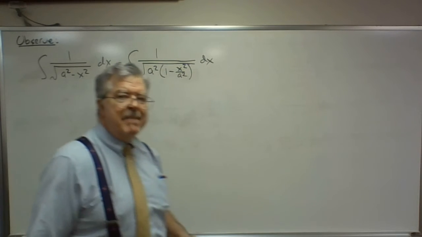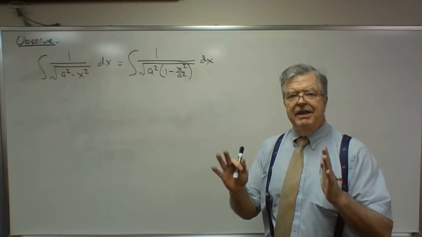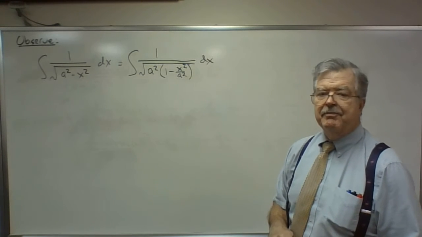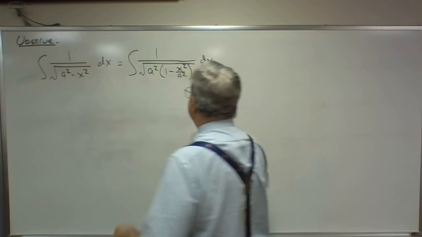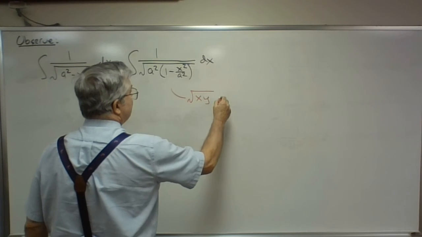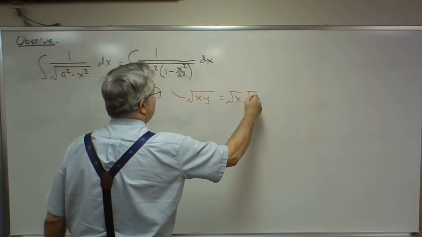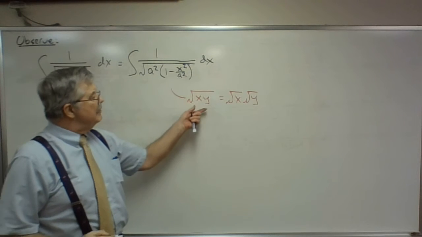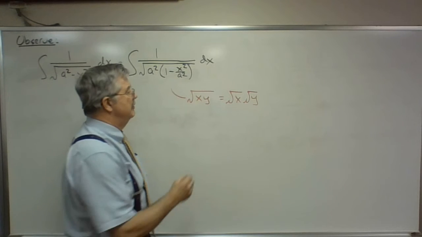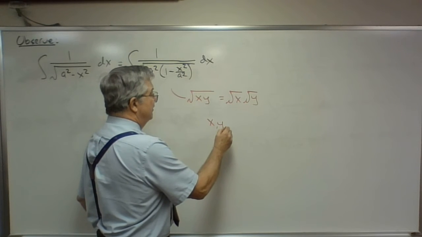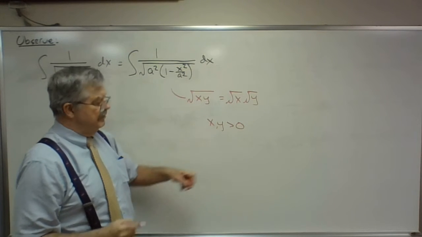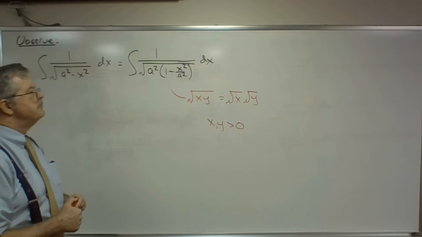Okay. Marvelous. I haven't changed anything. This is the exact equivalent of what we started with. And now I'm going to use the property that the square root of a product is the product of the square roots, provided that both of the factors are non-negative.